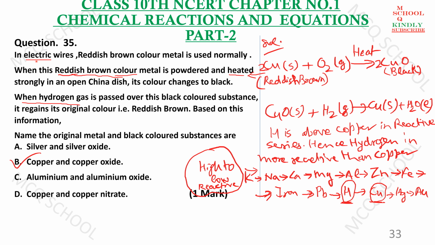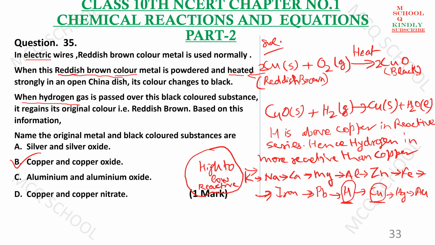So what I told you, electric wire. In the case of electric wire, either copper or aluminum wires are mostly used. Because aluminum is white in color, it's not reddish brown, so there are chances that the first material is copper. Now if you see the copper reaction with heating in a china dish in powder form, it converts to copper oxide, so black color.